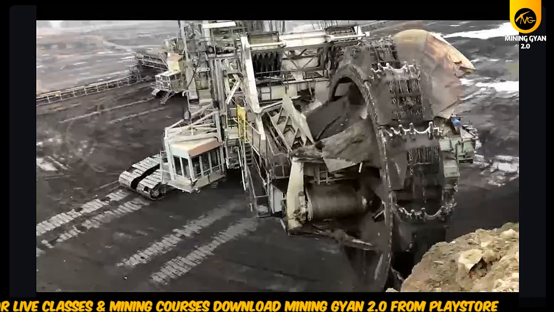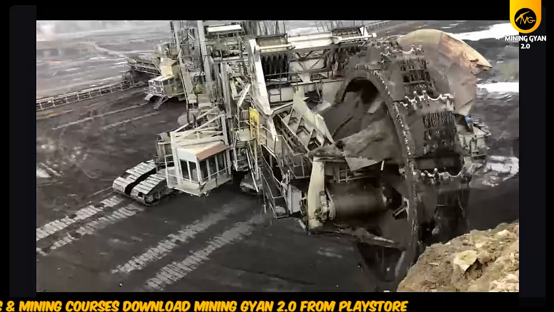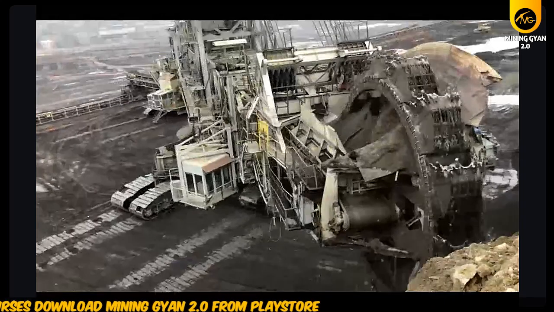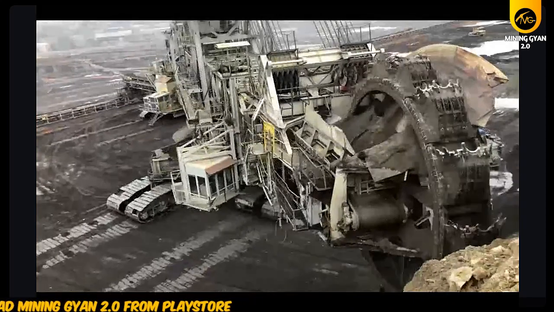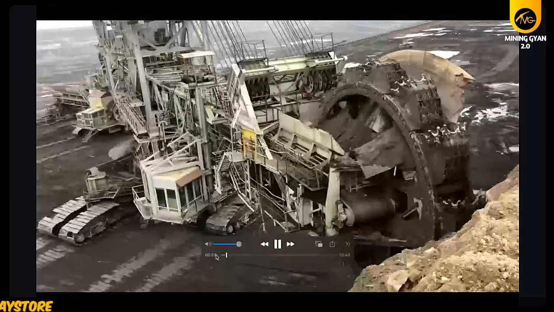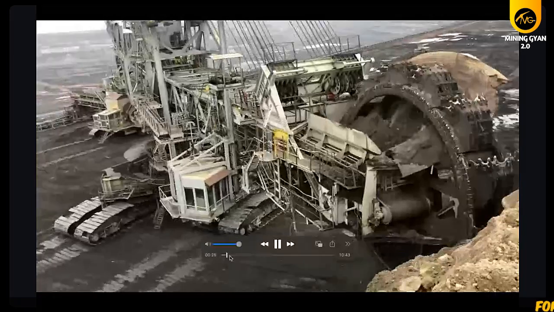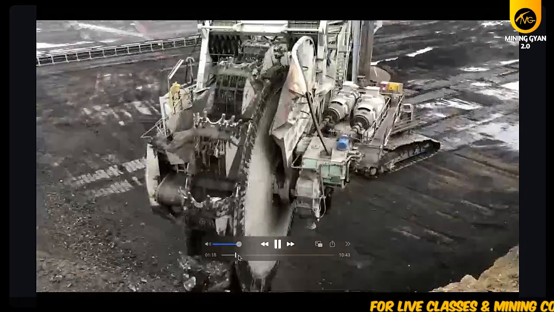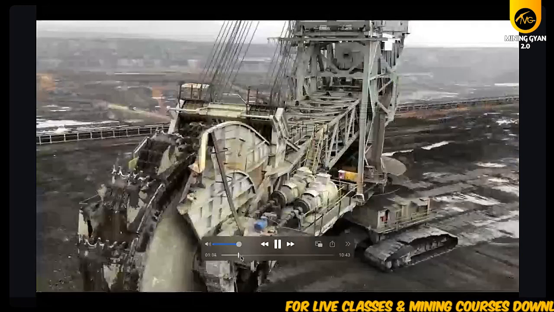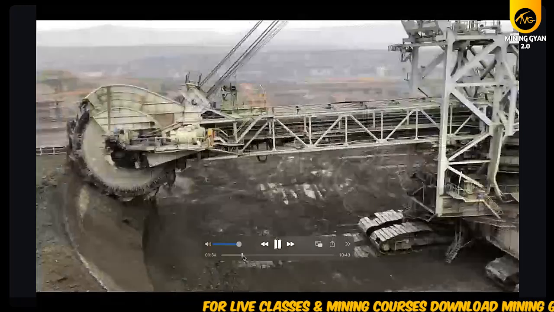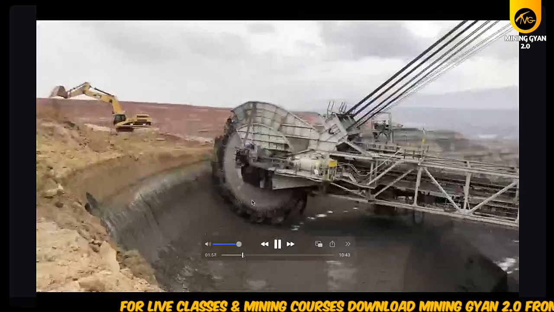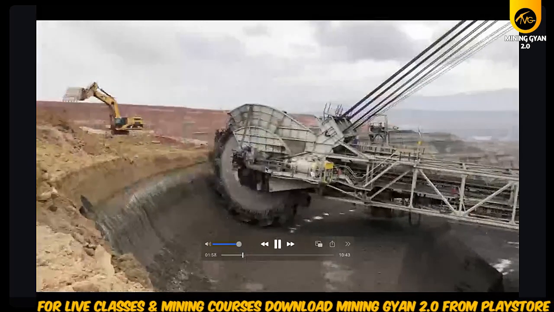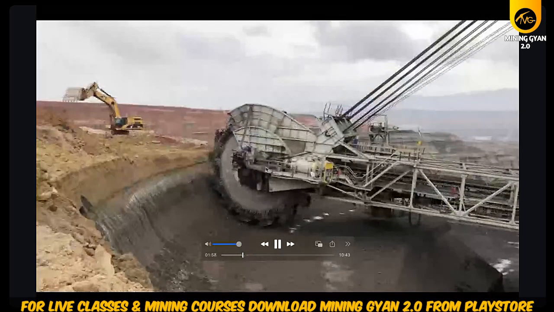It is a very big machine. So it will cut down your strata and put it on the conveyor.